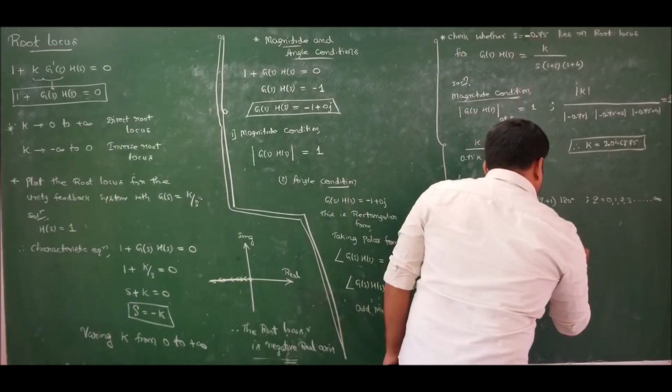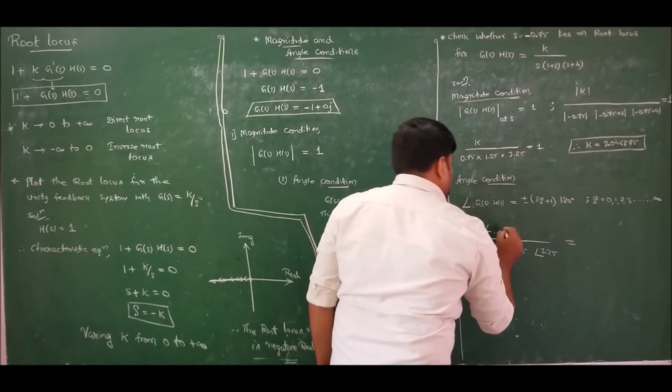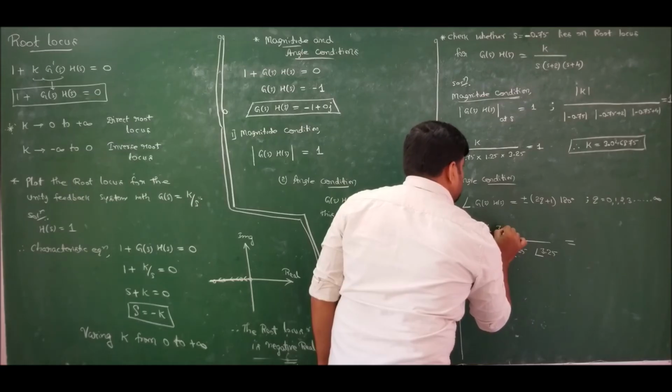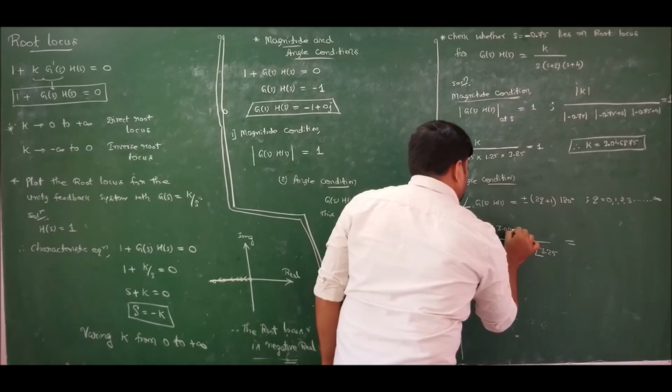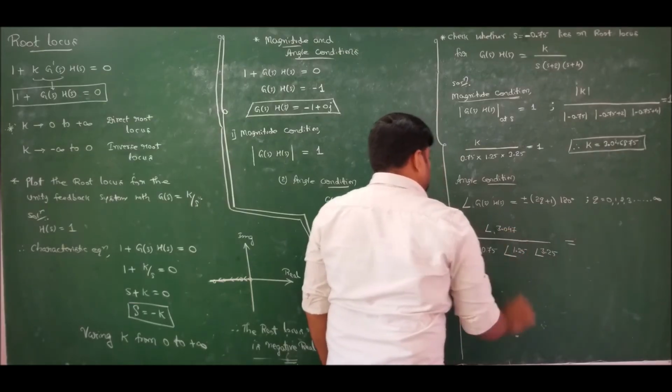This is what we have. Now what is the value of K? K is also known for us. K is 3.047. Let me put it as 3.047.